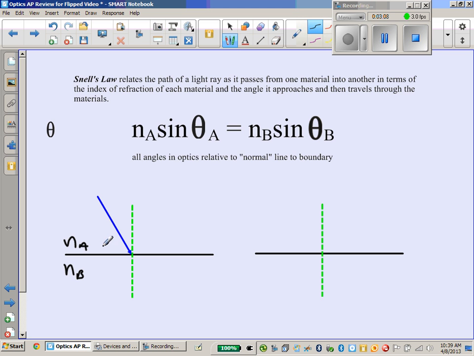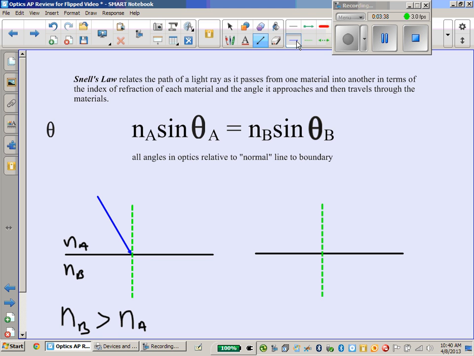So we're traveling from one material into another material of different optical density. If NB is greater than Na, in other words, it's traveling from something that's easy to travel through, like air, into something that has a higher density, like water, you may recall that the light ray will bend towards the normal.